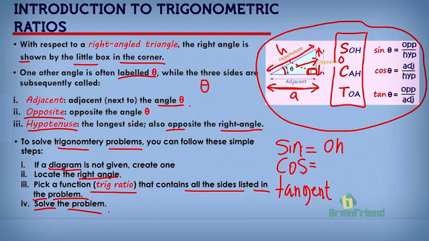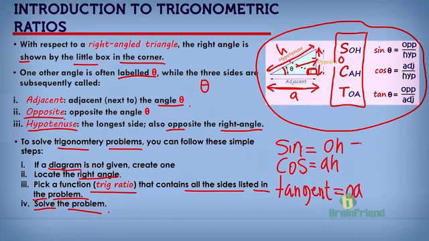The cosine function is a ratio concerned also with two sides of our right-angle triangle. Those sides are the adjacent side and the hypotenuse. While our tangent function is concerned also with two sides within our given right-angle triangle, and those sides are the opposite side and the adjacent side.